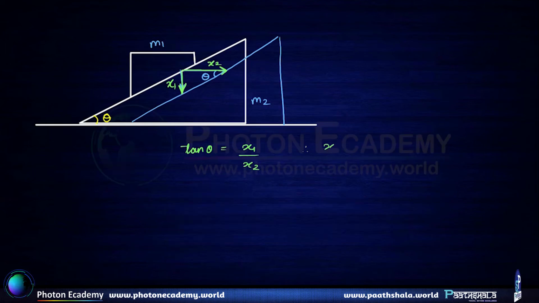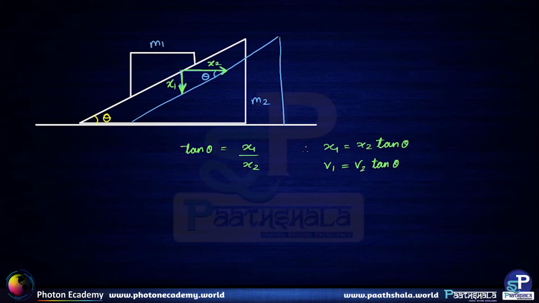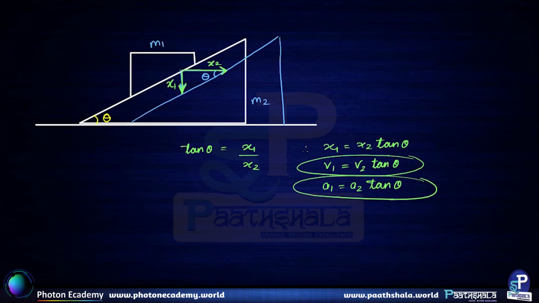Therefore x1 is equal to x2 tan theta. On single differentiating, we get v1 is equal to v2 tan theta, because tan theta is the constraint that is constant over here, and on differentiating it one more time we get a1 is equal to a2 tan theta. So this is a situation similar to the first situation.